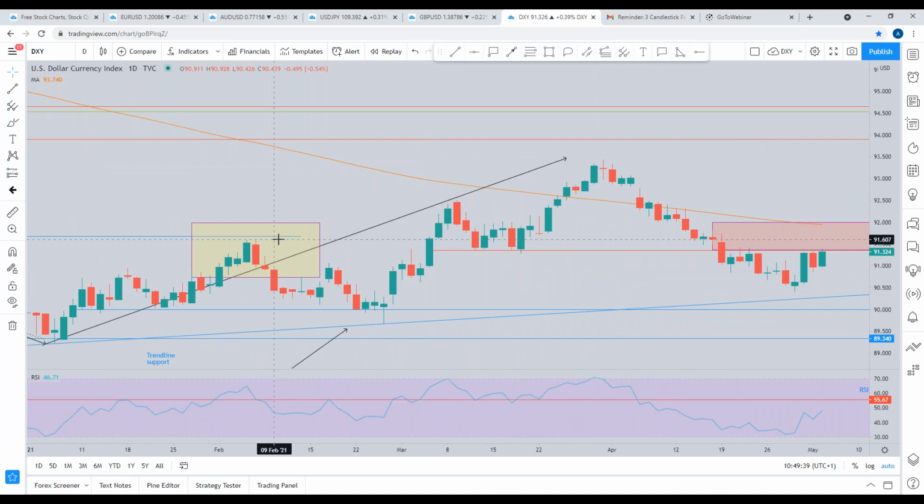We have a high above the previous candle's high and a low below the previous candle's low. As you may note on this formation, the candle body does not engulf the previous candle body, hence why I label this as a bearish outside reversal rather than the textbook bearish engulfing pattern.